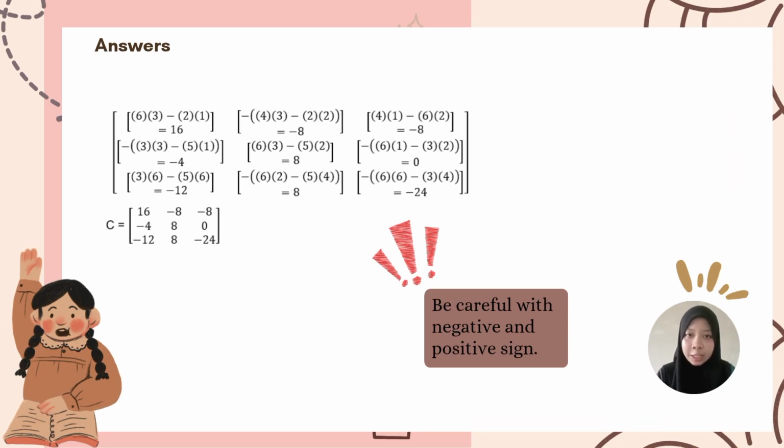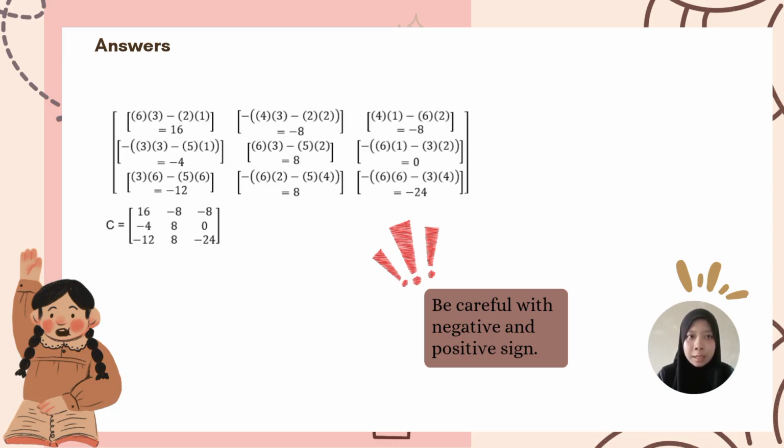Now, let's look at the actual calculation for our cofactor matrix. By solving the 2 by 2 minors, for example, 6 times 3 minus 2 times 1, for the first position, we derive the individual values.